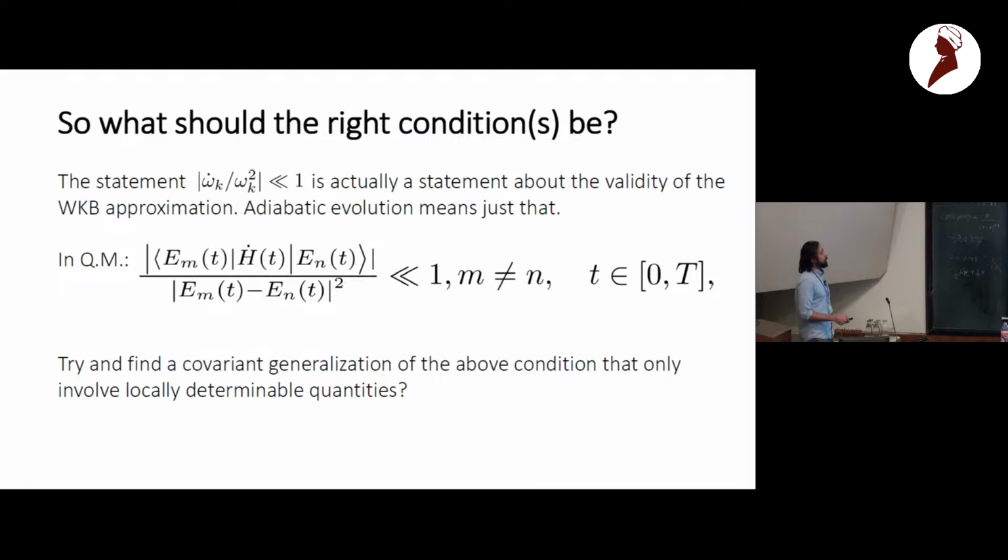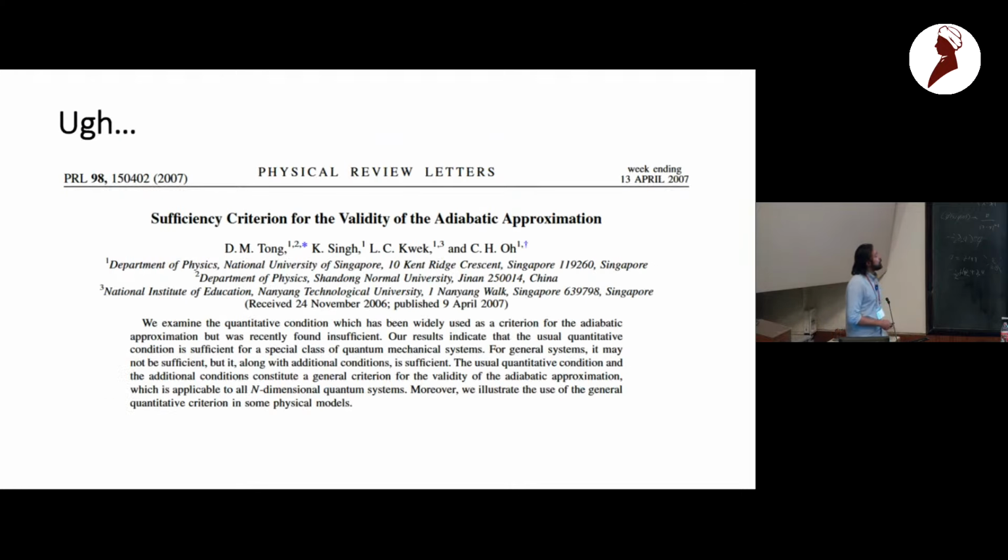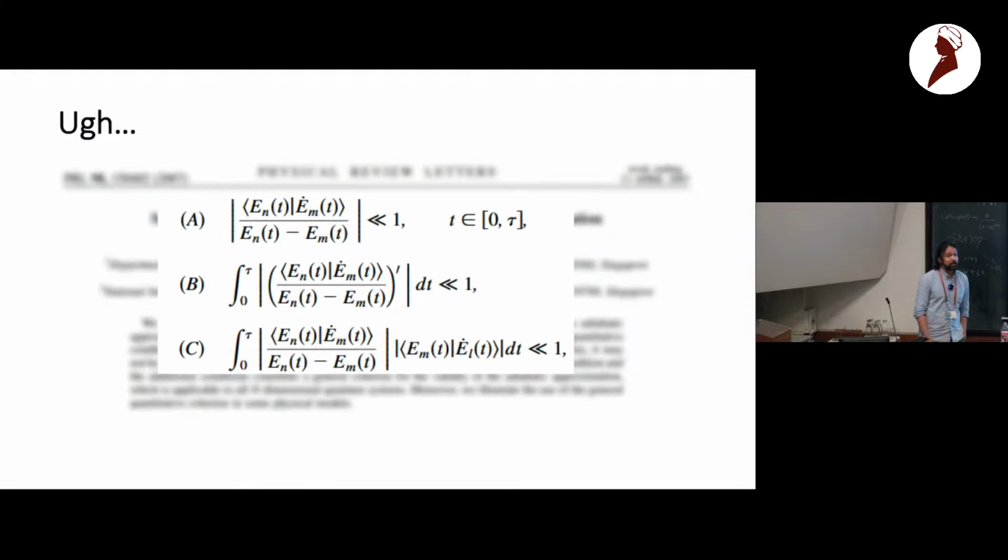So the thing to do might be to find a covariant generalization of this, but actually, even in quantum mechanics, the people who work on adiabatic quantum computation realize that it's not sufficient either. So these are a bunch of conditions that even in a quantum mechanical system, you have to take into account. And they're integral constraints, which are not nice, actually.